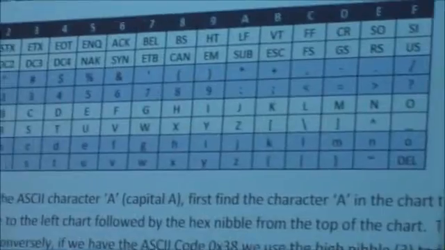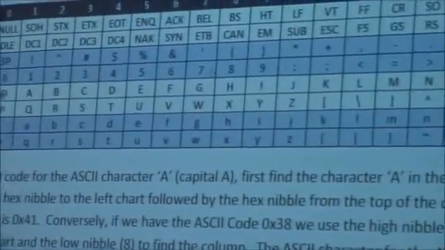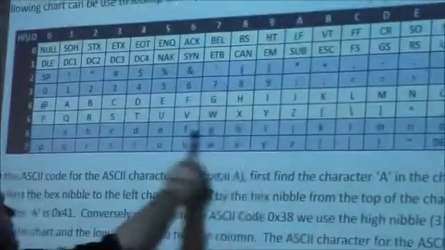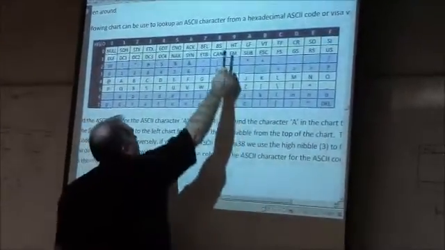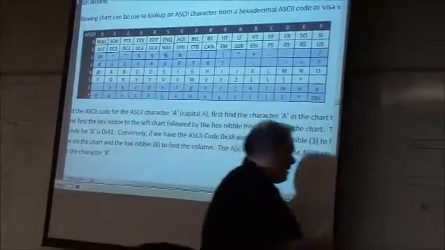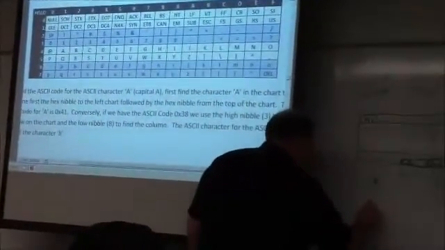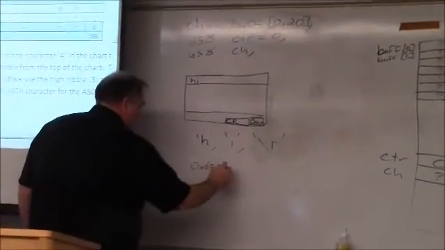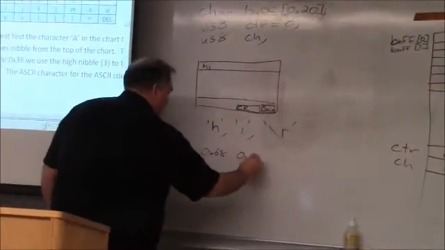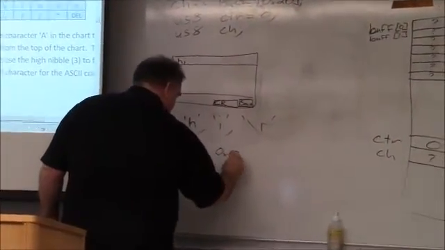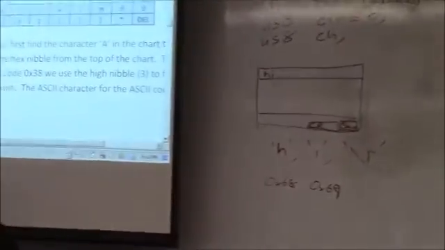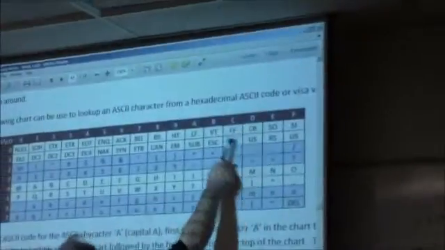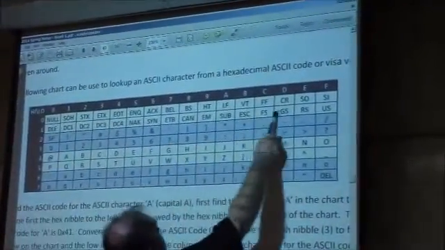Here's the ASCII table. So a lowercase h would be 68 in hexadecimal, and a lowercase i would be 69. So this is 0x68. This is 0x69. And carriage return, CR, 0D.